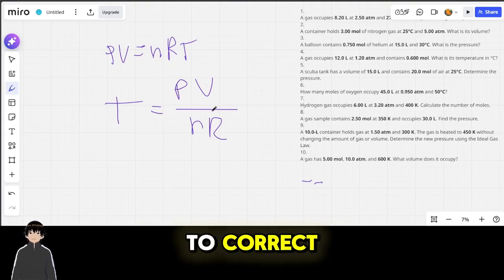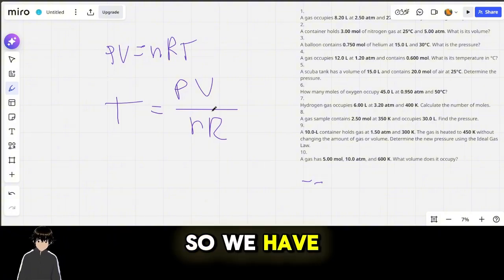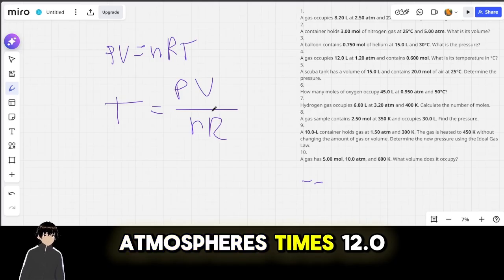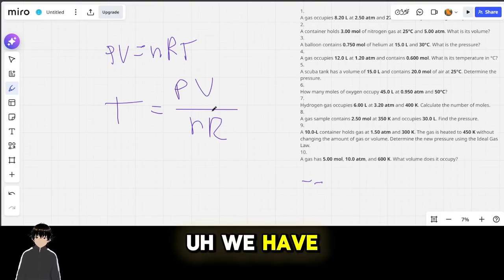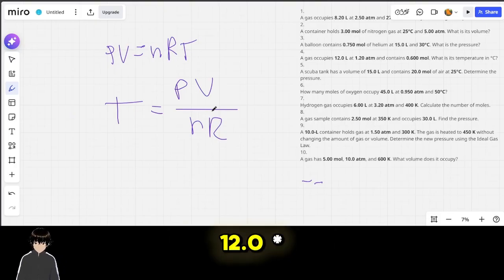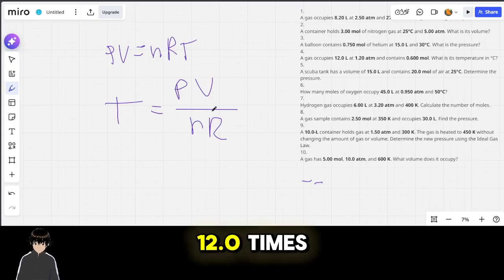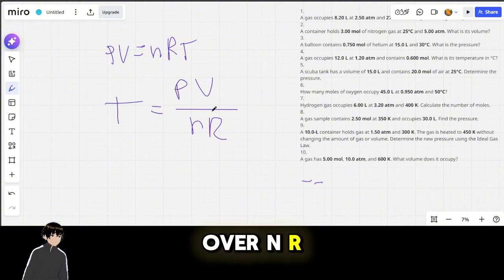We just have to correct. So we have pressure 1.28 atmospheres times 12.0 liters, this is the volume, over nR.